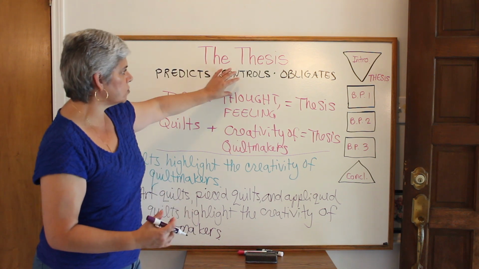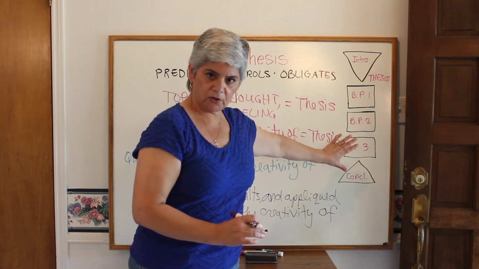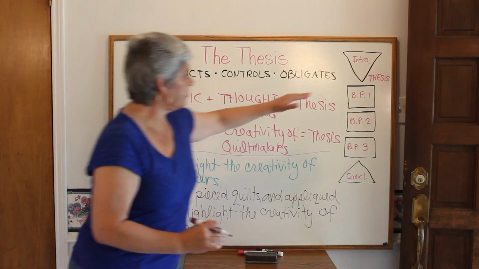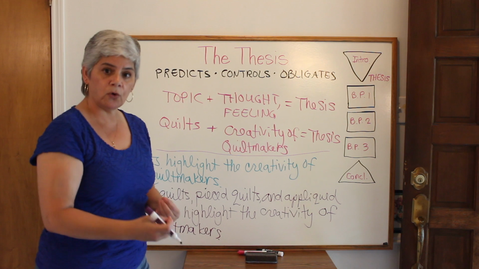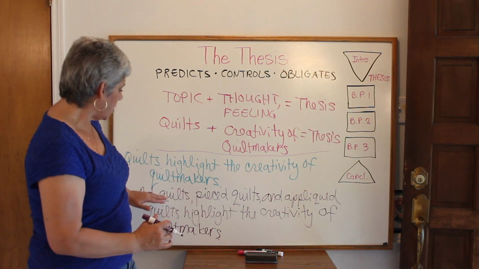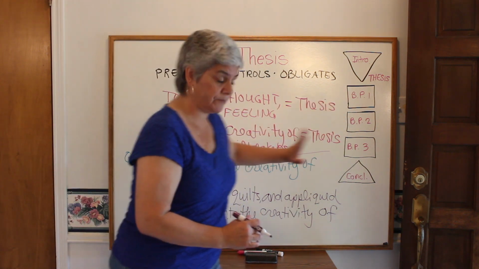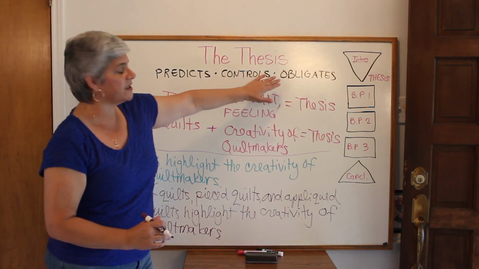It also controls because when you go to write your essay, your body paragraphs will come in the order that you present your 3 subtopics. So art quilts, piece quilts, and applique quilts will be in that order. The third thing is it obligates.